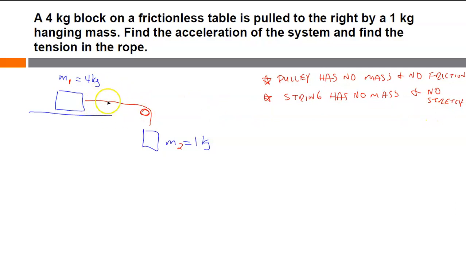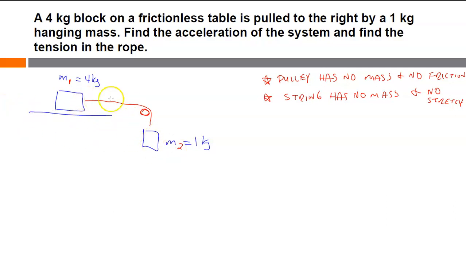If I put a 40-pound log chain in place of the string, that makes the problem a lot more tricky. Okay. I don't want the string to be an object in and of itself. I'm interested in this box and this box, and I don't want to think about the string or that connecting thing as a third object. All right, so anytime I draw a string, it's not going to have any mass. It's also not going to stretch.